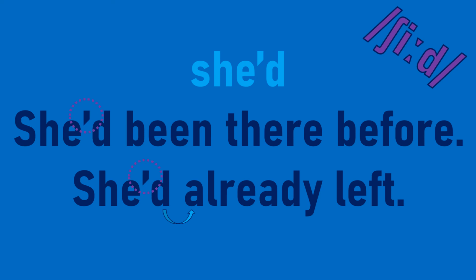So there is another tip as well. Noticing here, we've got our verbs been and left. Had been, had left. We know that we're dealing with a past perfect.